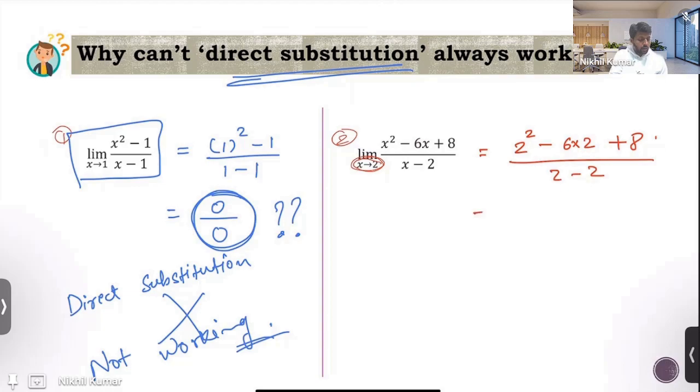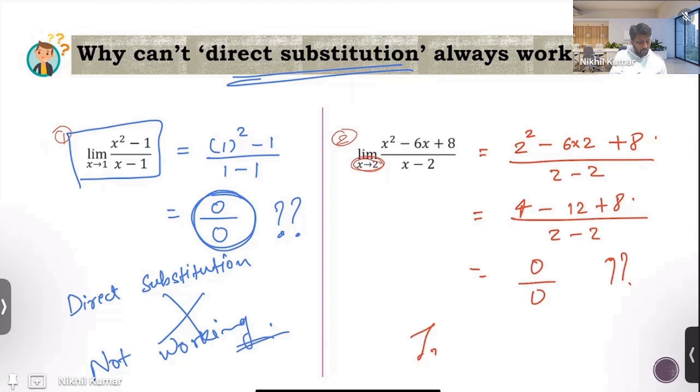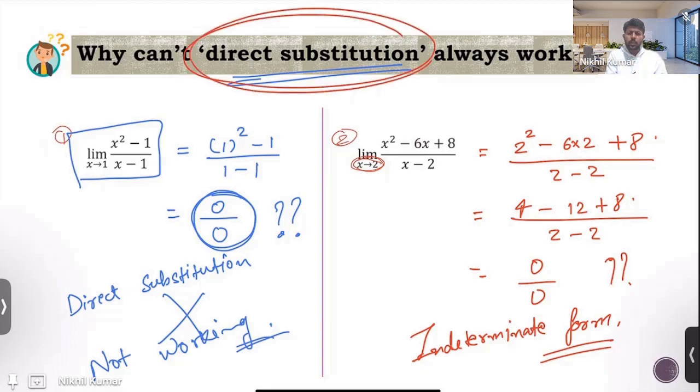Let's see what we get. 4 minus 12 plus 8 upon 2 minus 2, which is again 0 upon 0, again an indeterminate form. So we can see that direct substitution isn't working in either of these two cases, in the first question also and in the second question also.